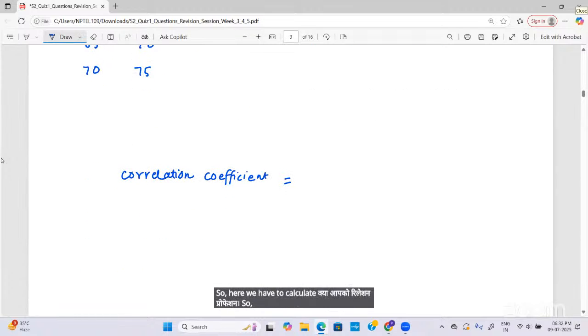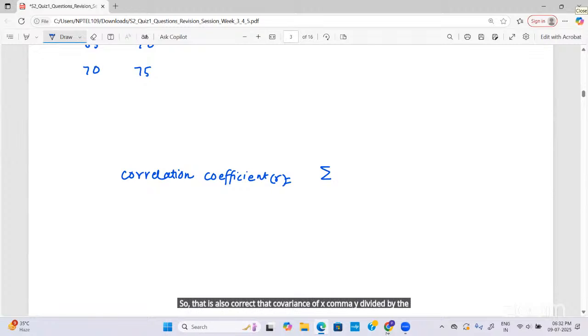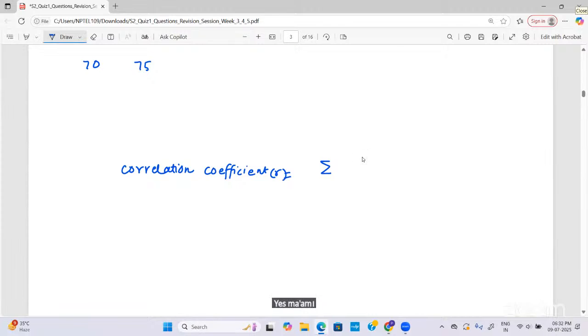The formula is covariance of x comma y divided by the standard deviation of x and y. Yes, that is also correct. It is better to remember.